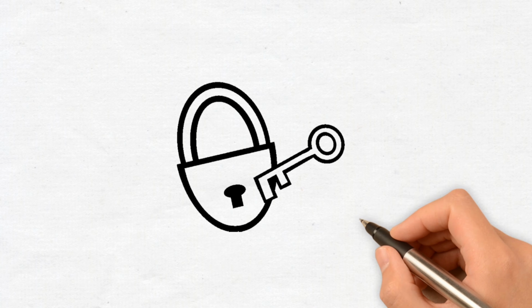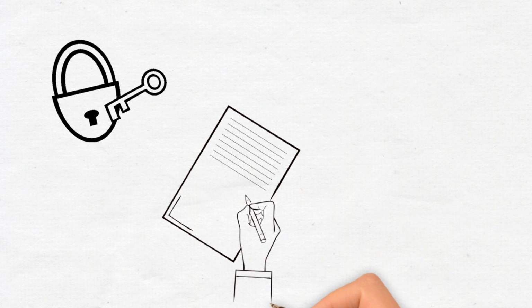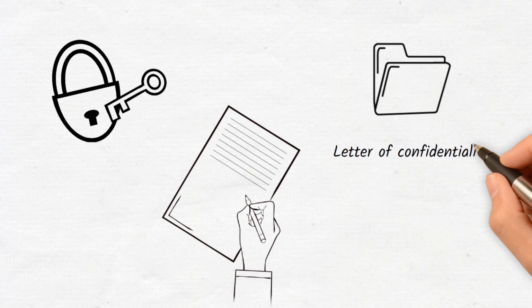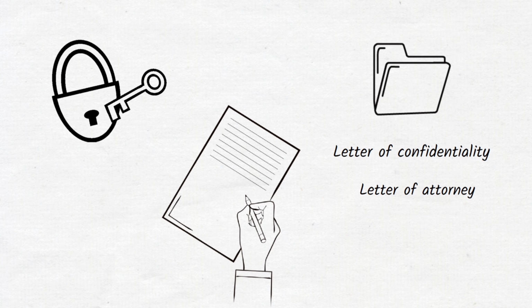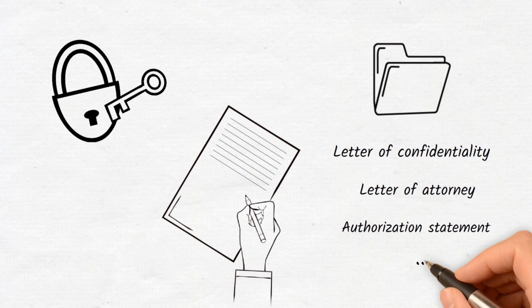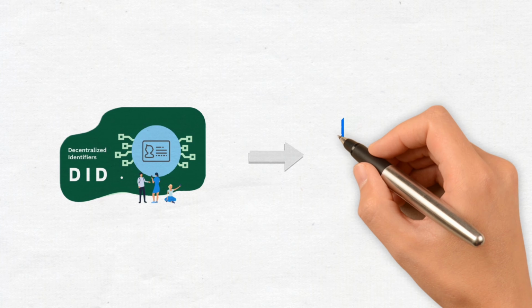These keys can be commonly understood as what we use to sign documents of different purposes in various life scenarios, such as letter of confidentiality, letter of attorney, or authorization statement of agreeing use of your personal information, etc. DID enables access, verification, and management of a user's verifiable credentials.